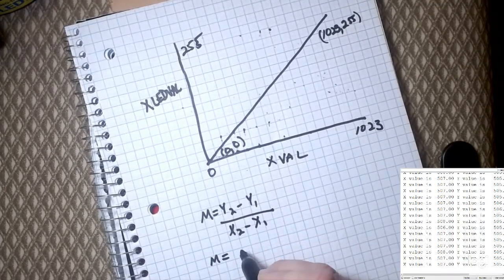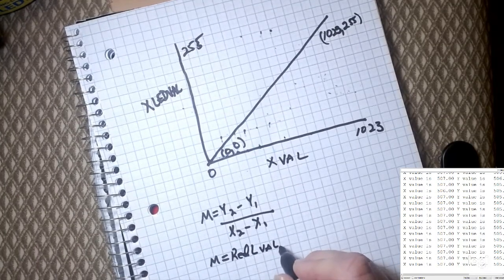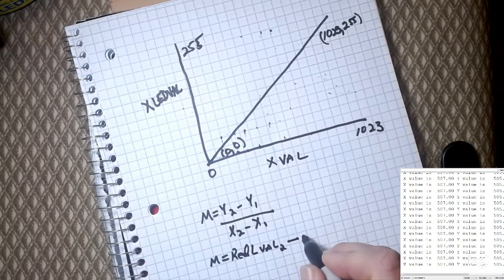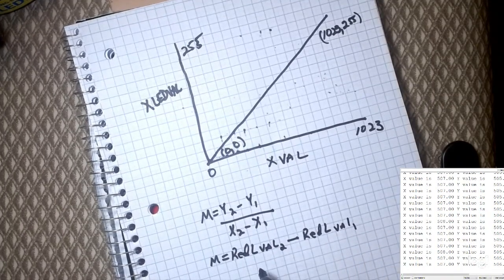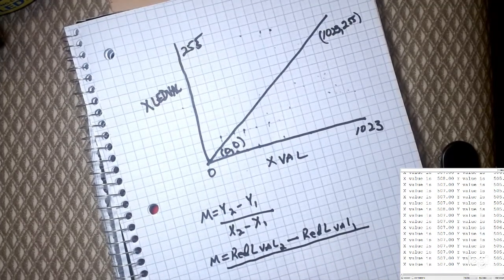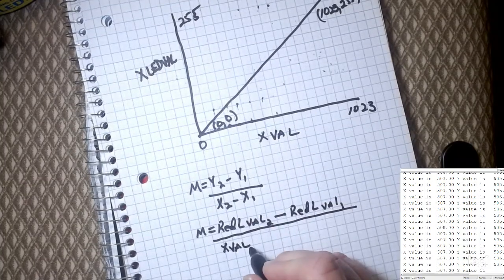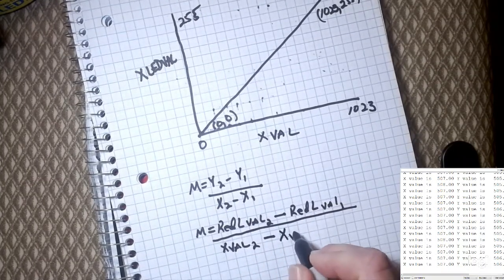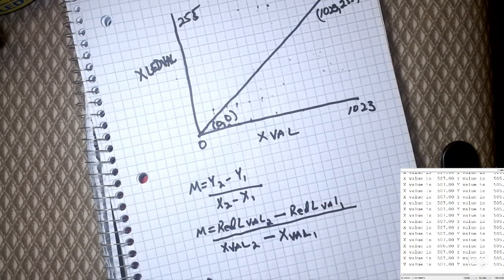So in our case, that would be, I'm going to say the red LED value 2 minus red LED value 1 over X val 2 minus X val 1.